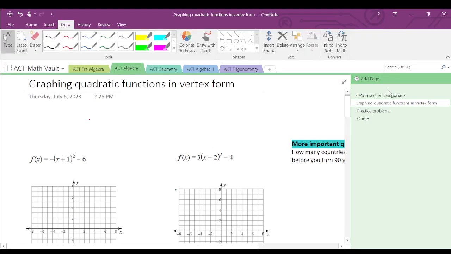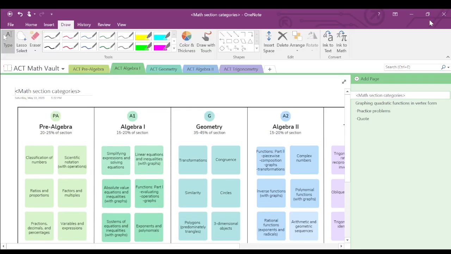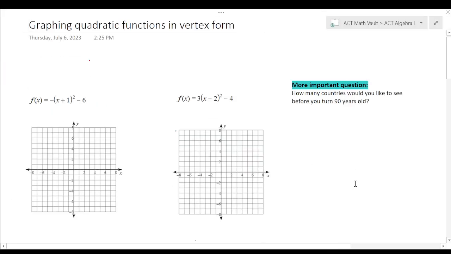So on the math section, you will see quadratics in some shape or form, I'm sure. Algebra 1, we would count quadratics as, but it's possible that you would see graphs. And so this video would help you graph a quadratic that's written in this sort of format.